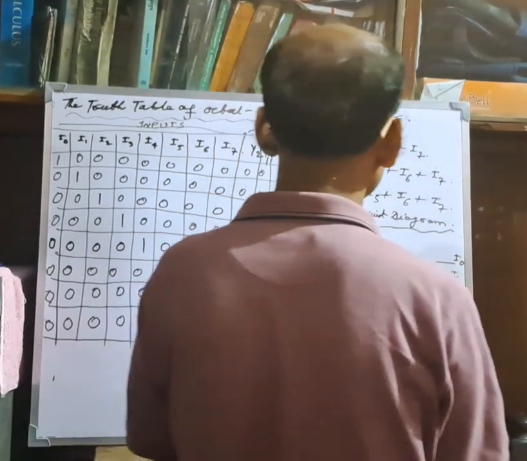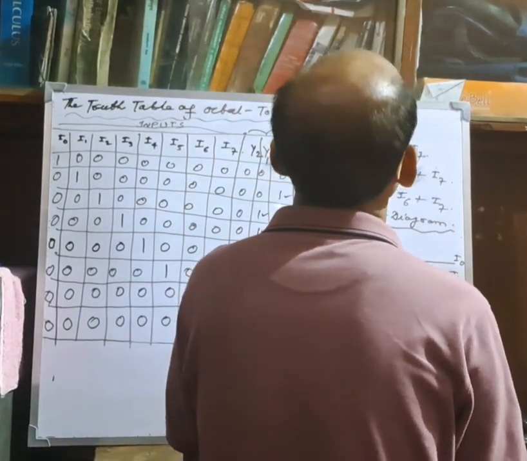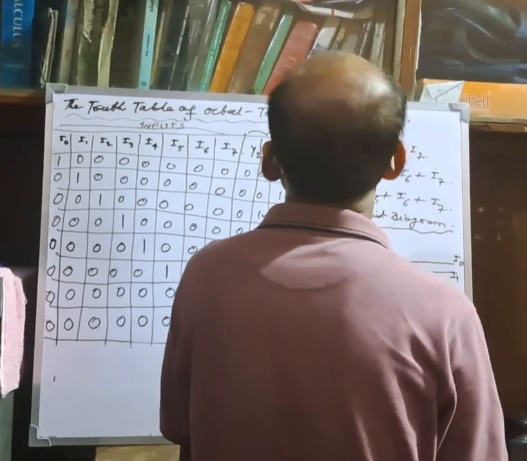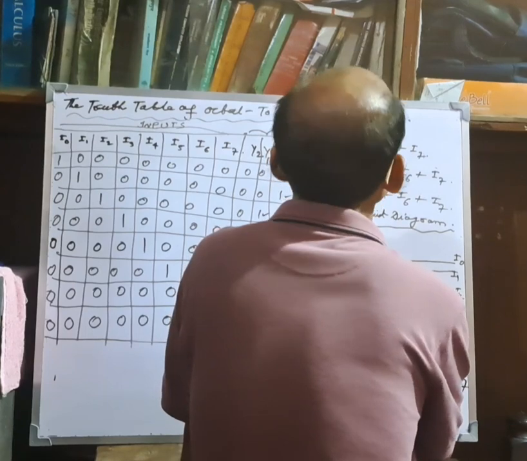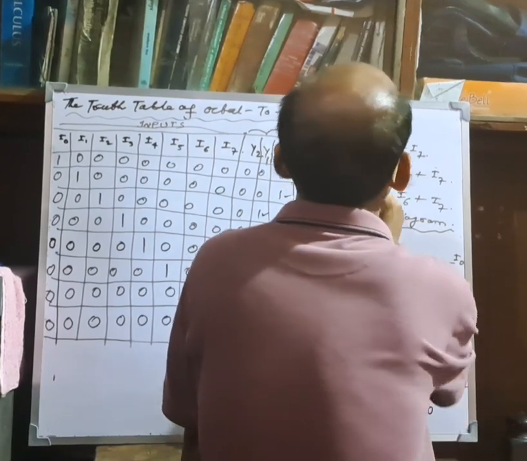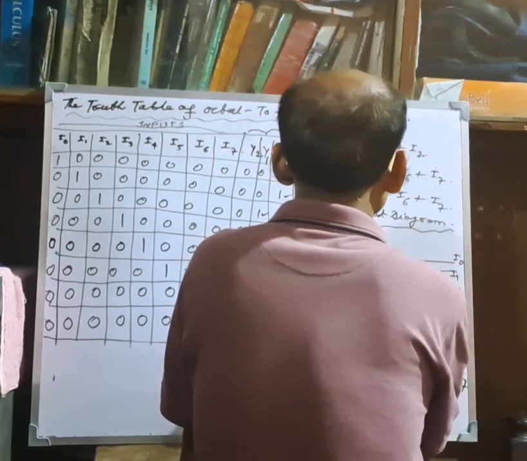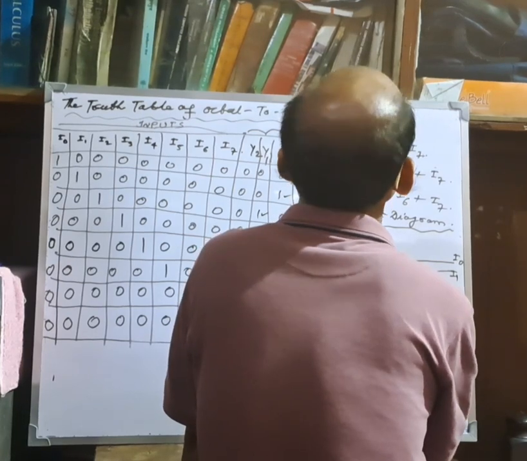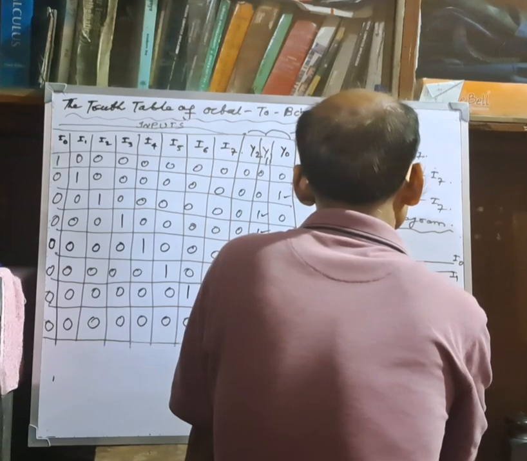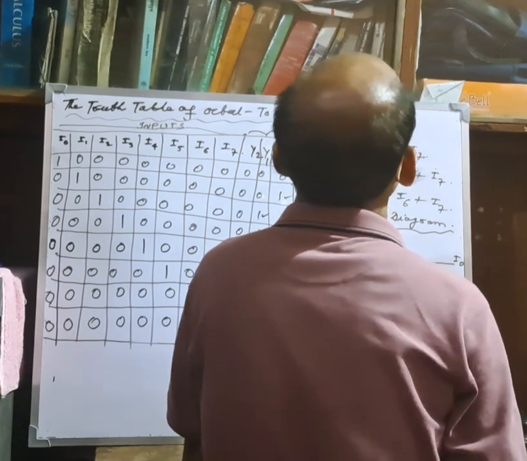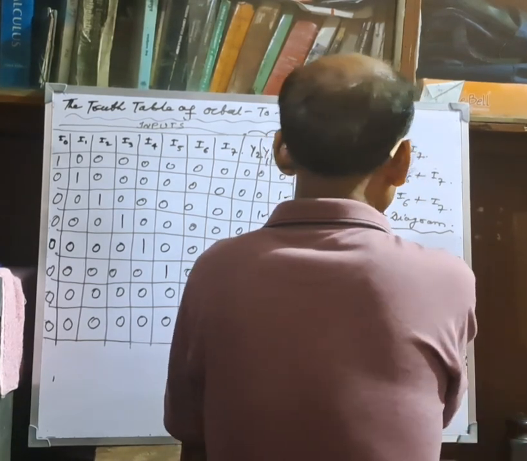Actually, y0. This is 0, this is 1. 1 will be this line. This is the 0 line, this is the 1 line. Fine, this is the 1 line.